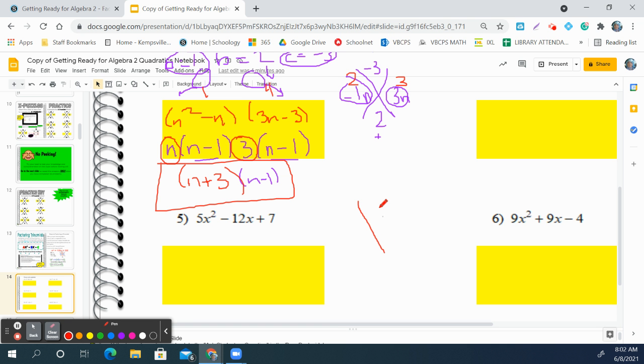So in number 5 in our X puzzle, what do I multiply and put in the top of my puzzle? 5 and 7. So 5 times 7 is 35. And what goes in the bottom of my X puzzle? And grab that negative. So that -12 goes in the bottom. So what I'm looking for is factors of 35.